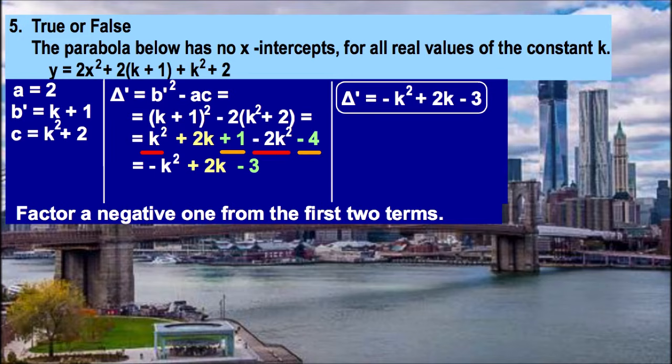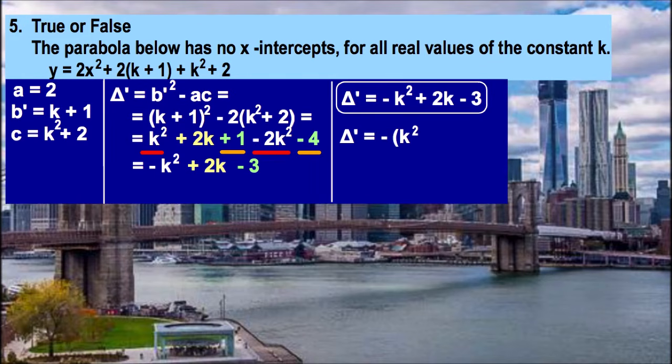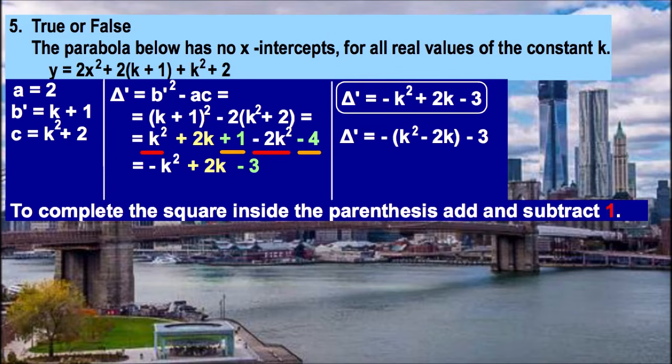Factor a negative 1 from the first two terms. So the discriminant prime is equal to negative the quantity k squared minus 2k, minus 3.